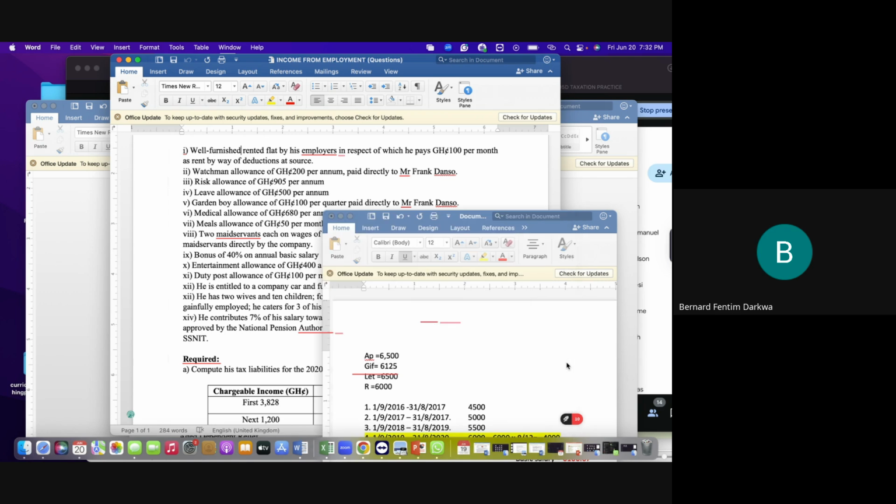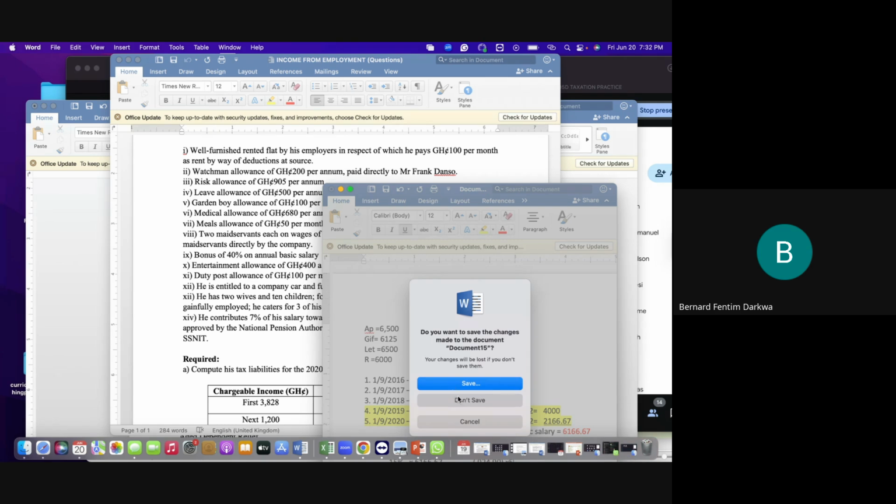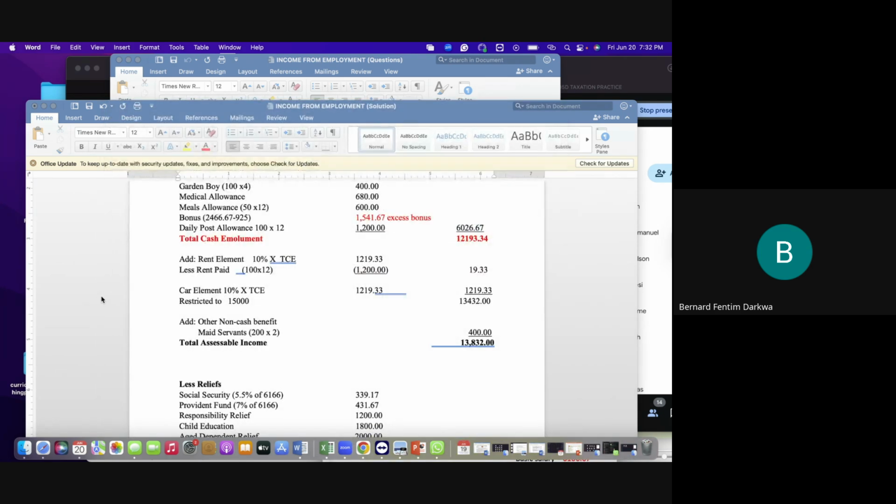That's why we have 10%. So you calculate 10% of the TCE. Because of the well furnished accommodation, we are going to charge him 10% of the TCE. So the TCE is 1,000 and so 10% of the TCE gives us 1,219.